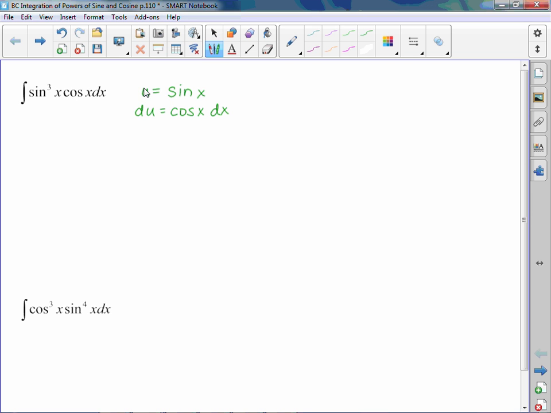And so now what we have is the integral of u cubed, and then everything that's left is my du. Let's increase by 1 and divide by it, and don't forget your plus c. And then we substitute our u back in. So it'll be sine to the 4th power over 4 plus c. And that's it.